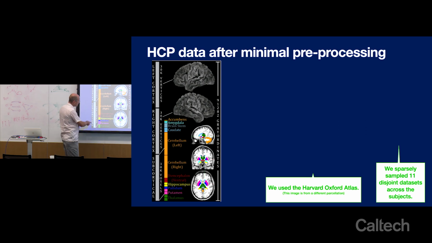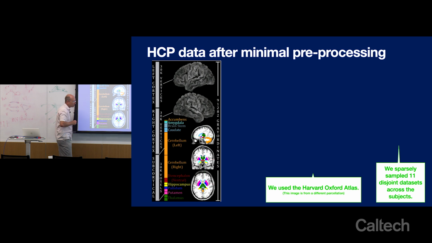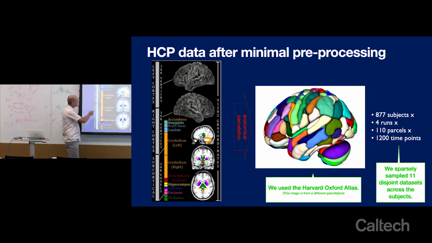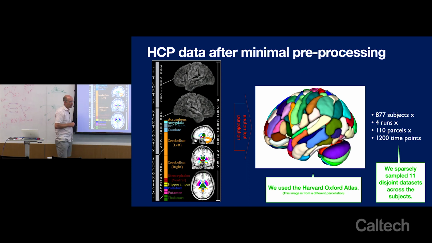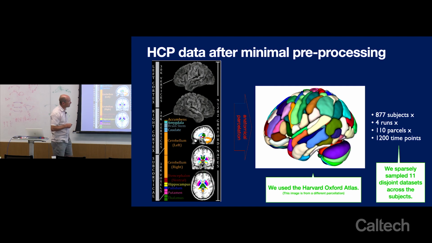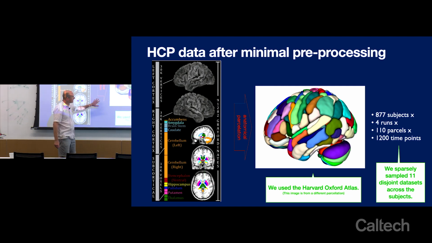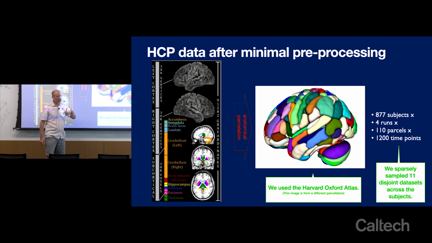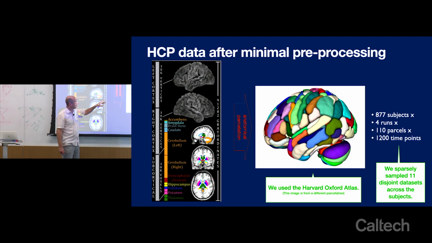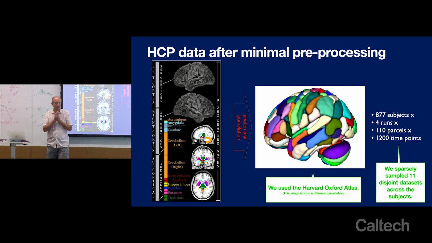The original data is measured at a resolution of about 90,000 voxels. And these 90,000 voxels are then parcellated by one of the geniuses who worked here before into the Harvard-Oxford parcellation, which has about 110 parcels.